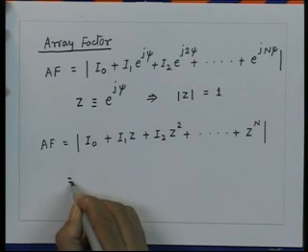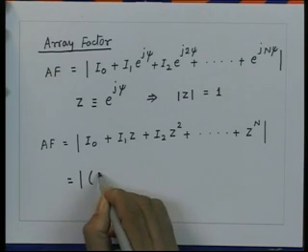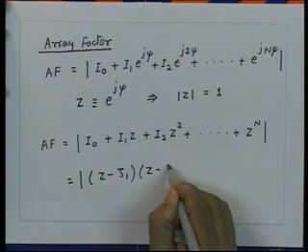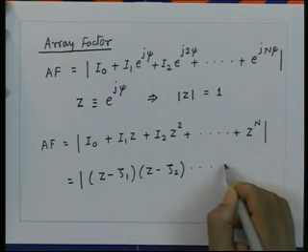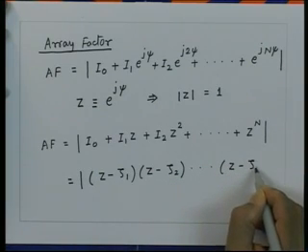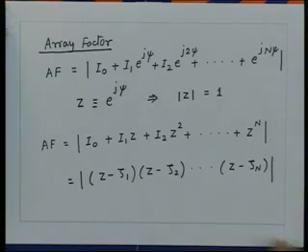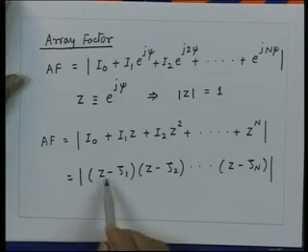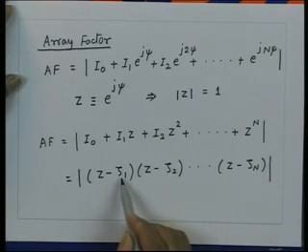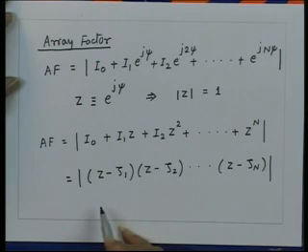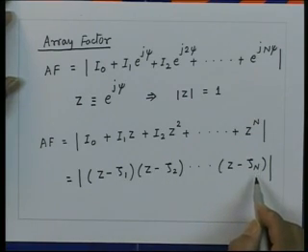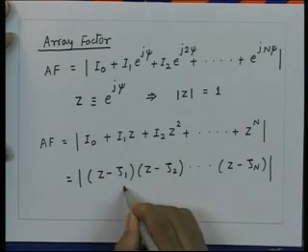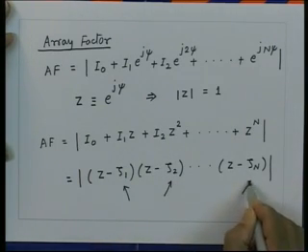So, this can be written as z minus zeta 1, z minus zeta 2 and so on, z minus zeta n. So, essentially a polynomial now is represented by the product of these doublets, z minus zeta 1, z minus zeta 2 and so on, and zeta 1, zeta 2, zeta n are the roots of the polynomial.